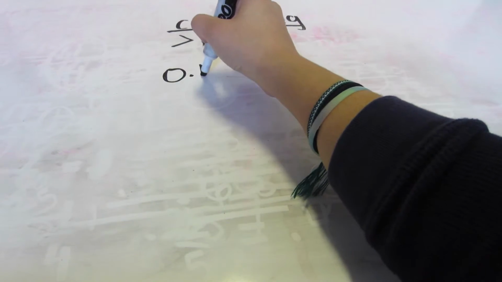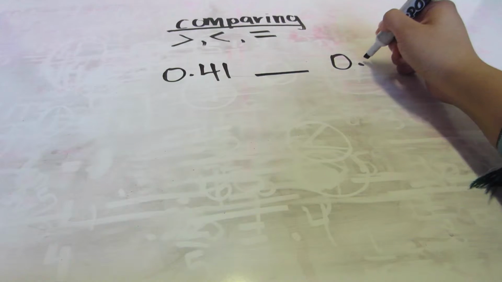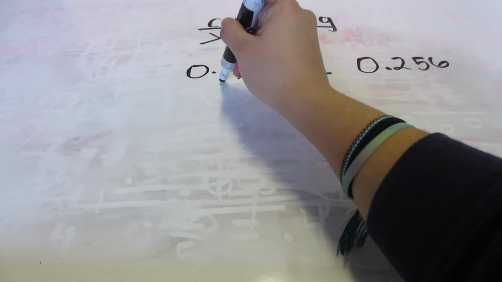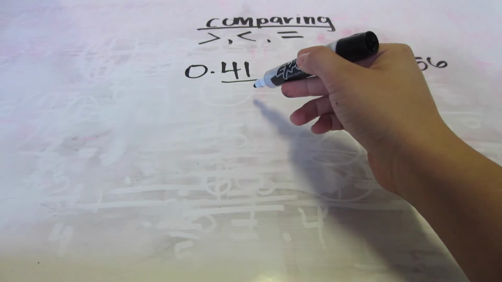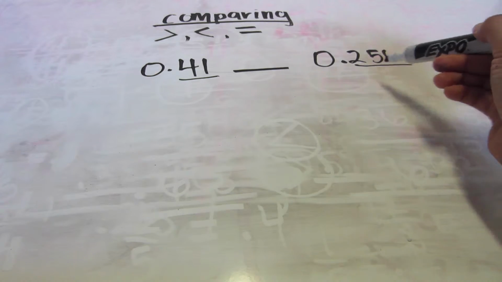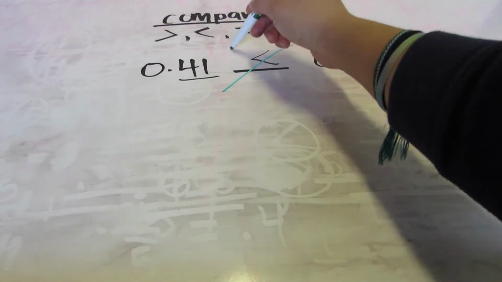For example, if I have 0.41 compared to 0.256, it would be a mistake to compare 41, which only has 2 digits, to 256, which has 3 digits after the decimal. If you do that, you would mistakenly conclude that 256 is greater than 41, which is wrong.